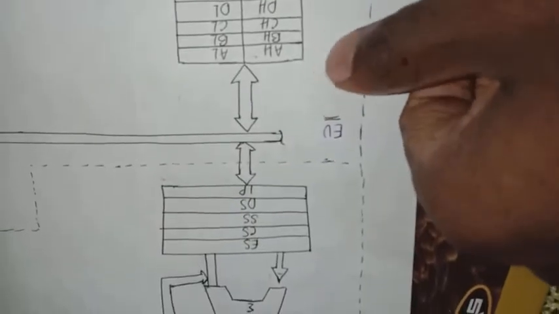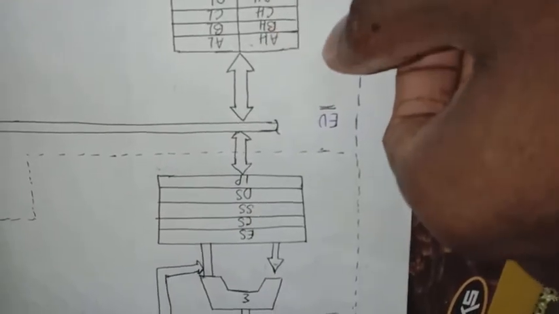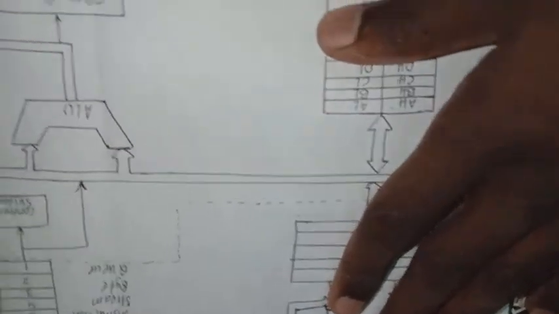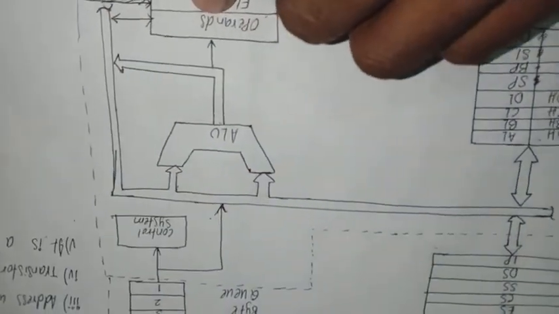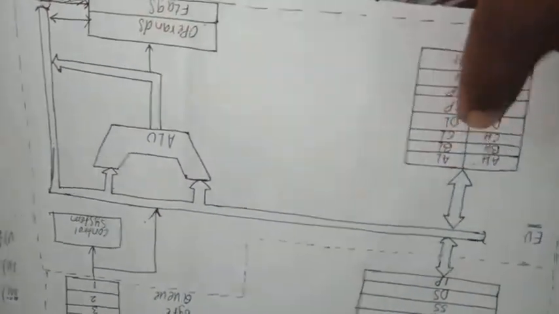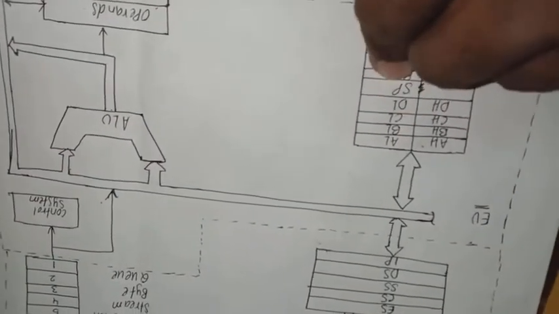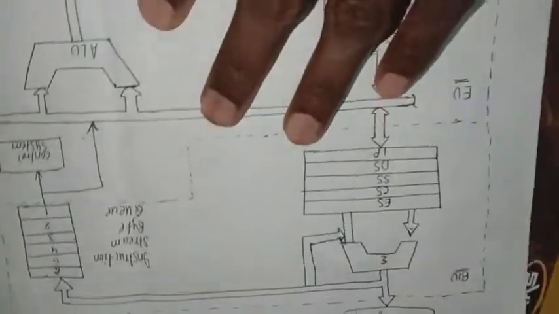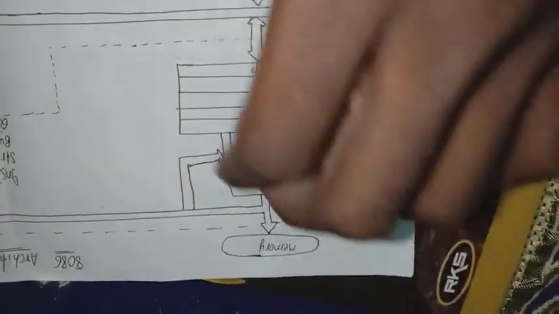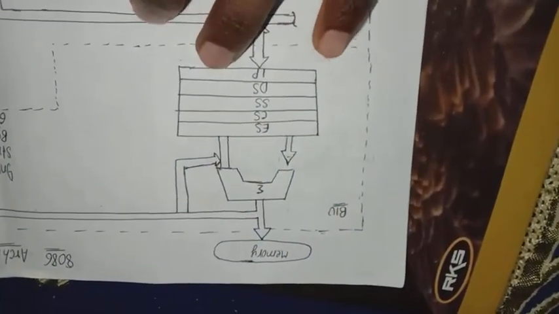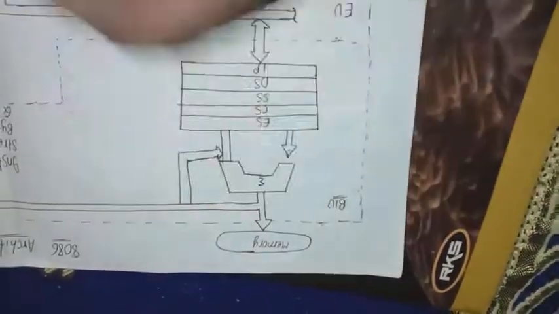Whereas the execution unit executes the instructions, gives the output, and stores it in these registers. So it is divided into two parts because it is designed for fast calculations.